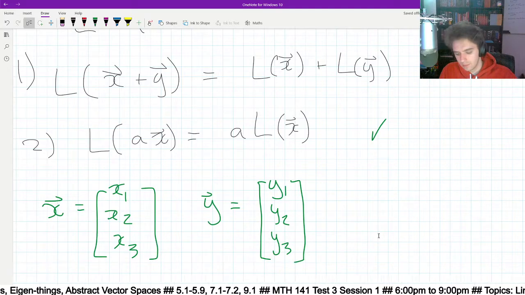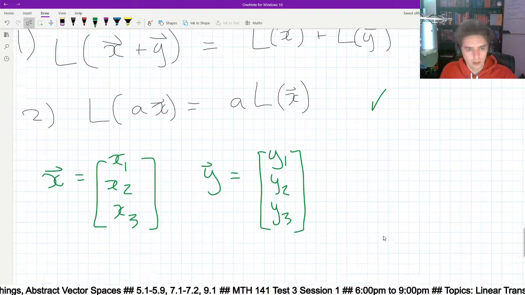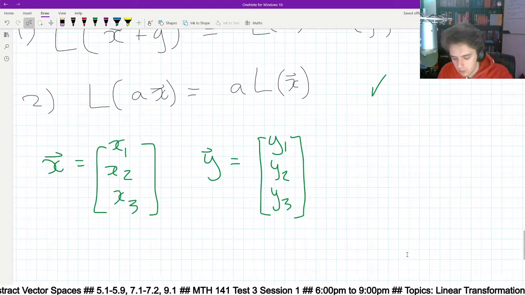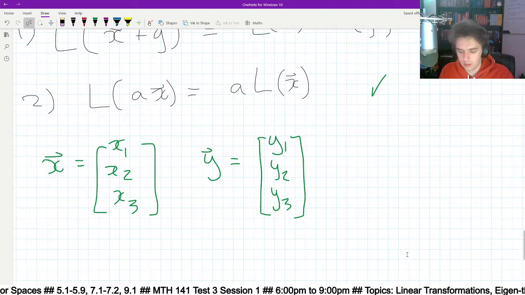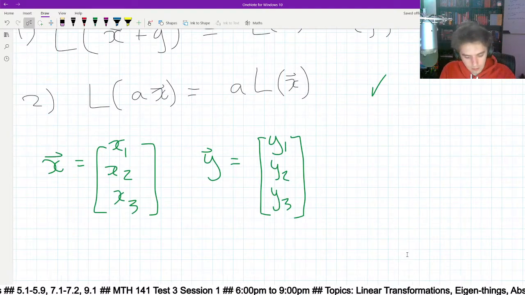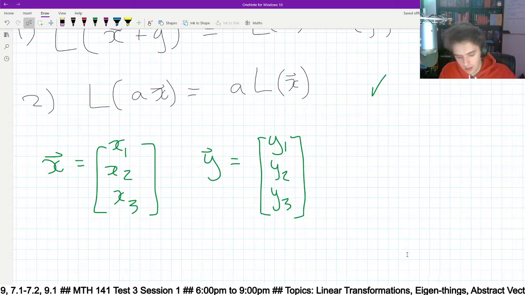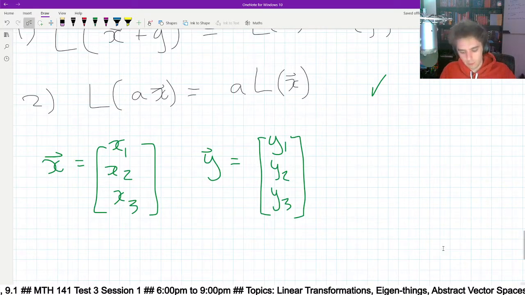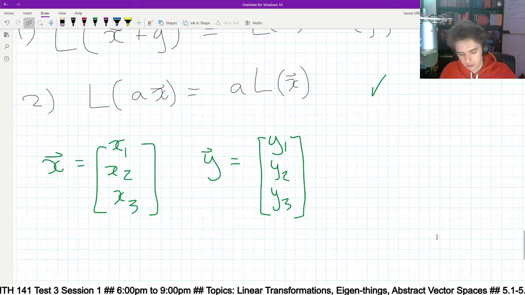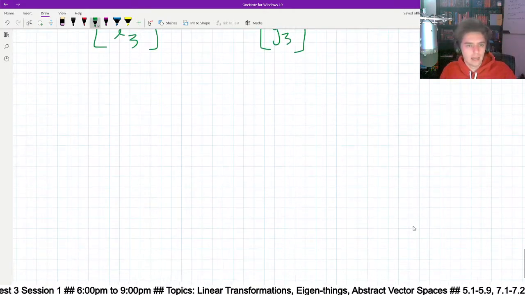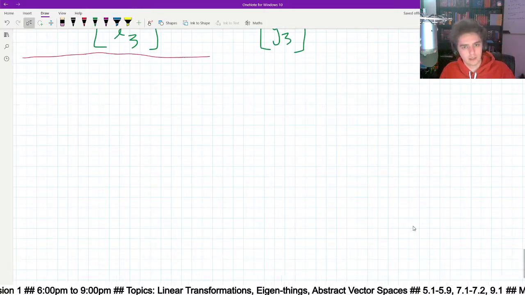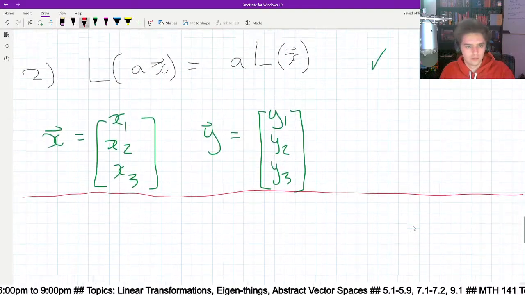I guess let's move on to 5.2. That's good with everybody? If there's anything else. 5.2 is talking about how you can write any linear transformation as a matrix transformation, right?